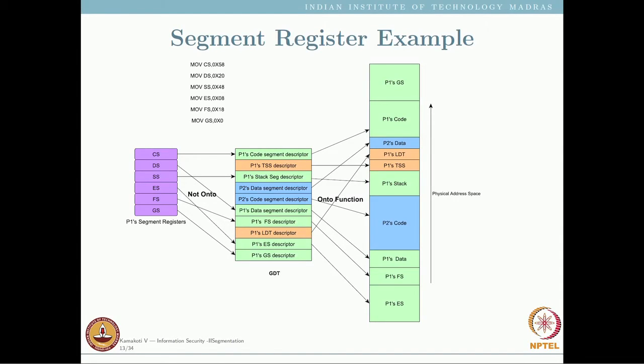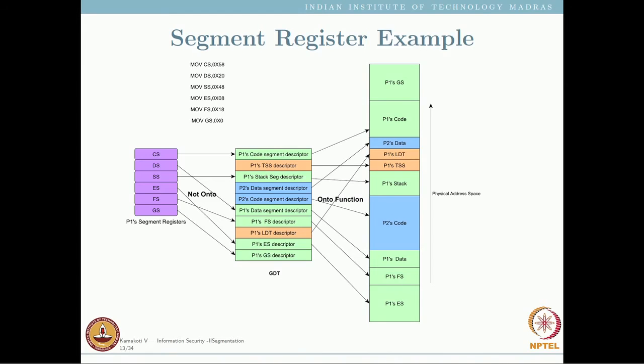Actually, I think there is some small error in this slide. SS is taking the 7th descriptor. So what should the 7th descriptor be? 7 times 8 is 56, because each is 8 bytes.